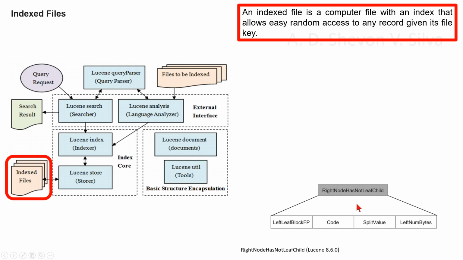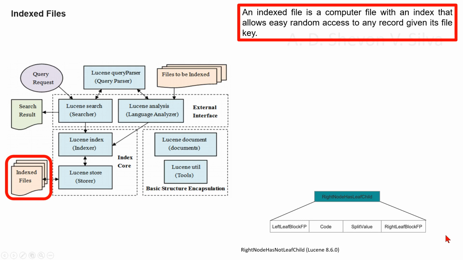Here the inner node has not leaf child, consisting of left leaf block FP, code, split value, and left num bytes. Here you can see right node has leaf child.